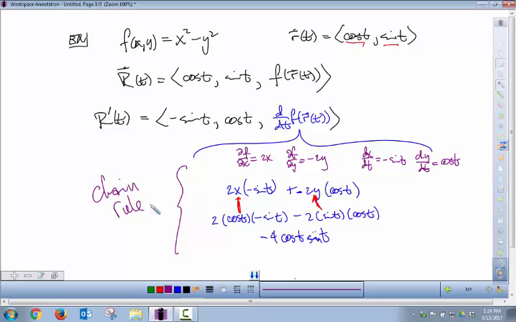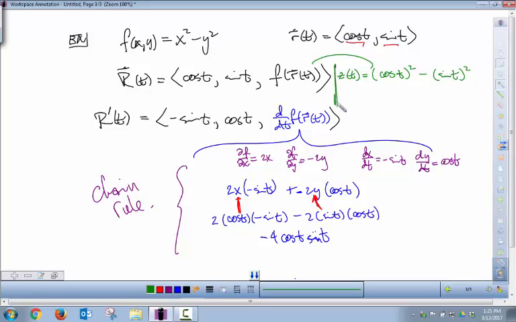By the way, had you just composed it, this is the composition of the f function and the r of t function, right? So this says to put in my x value and put in my y value, and it becomes this.